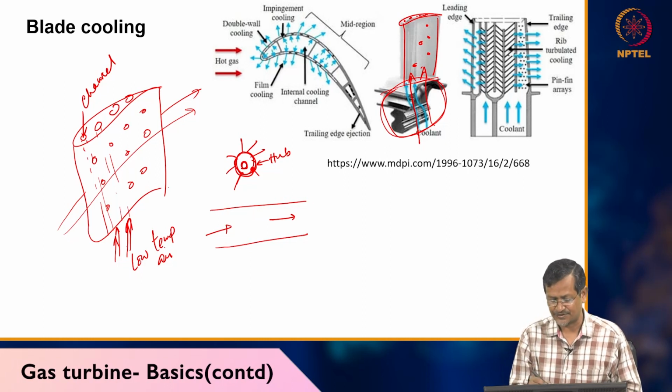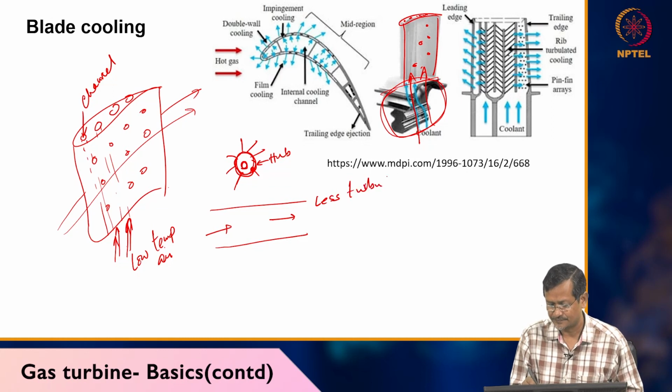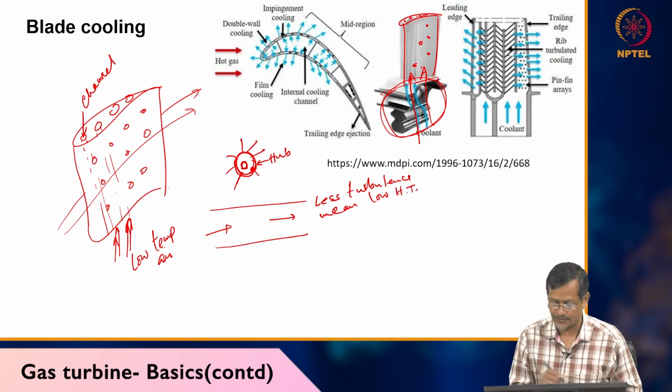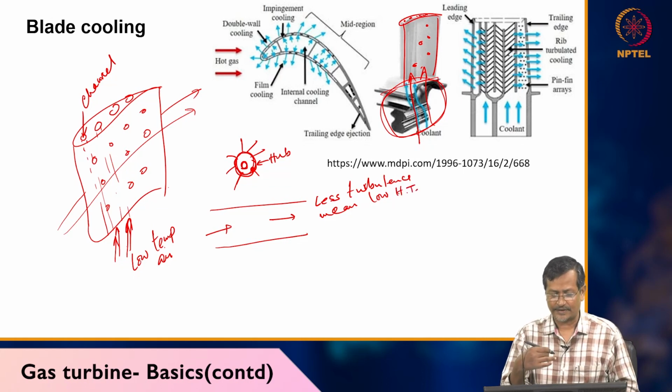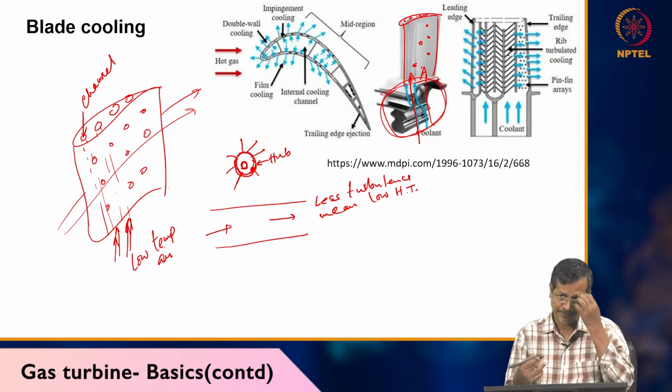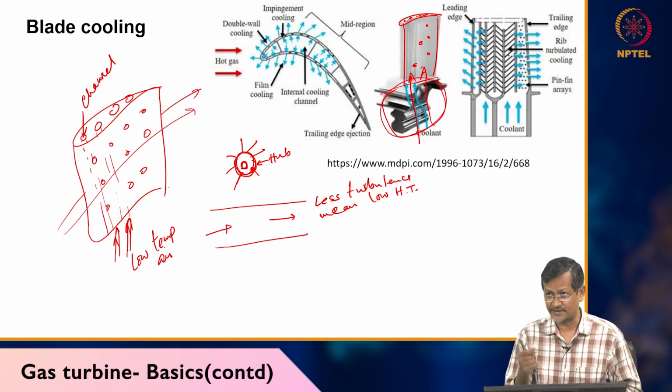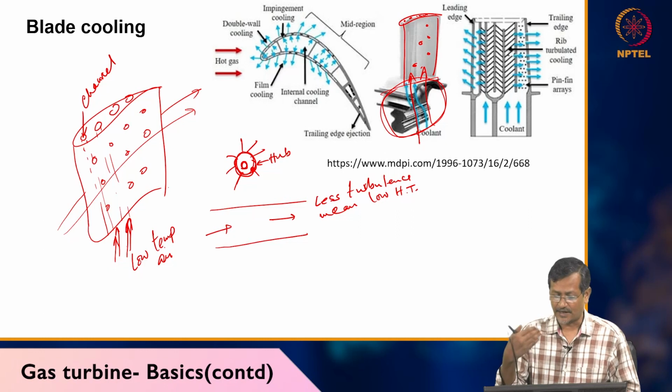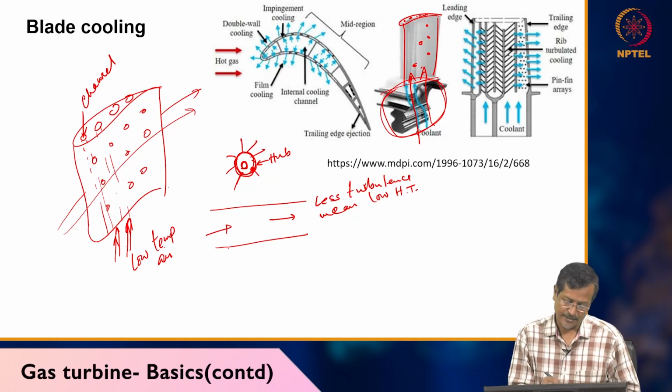Less turbulence means lower heat transfer. Now if I want to increase heat transfer rate, I can increase turbulence inside the flow channels. So how can you increase turbulence? I can put some barrier like this.